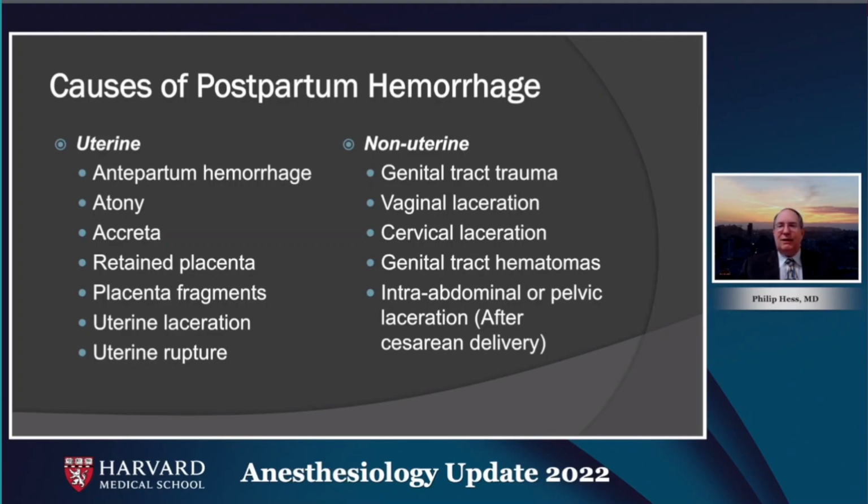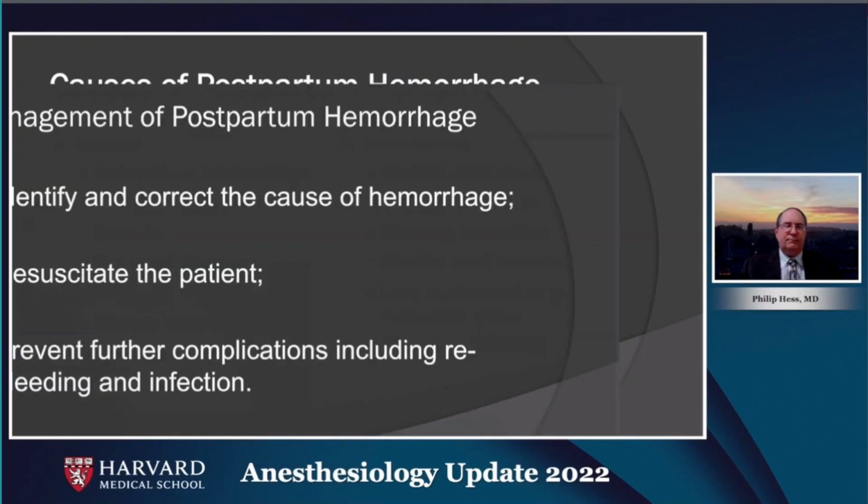We don't see the laceration in the back of the abdomen. We don't see the intrapelvic or intra-abdominal or retroperitoneal bleeding until it's much more progressed. And so we often find non-uterine bleeding with much greater blood loss prior to discovery than uterine bleeding, which is more often associated with uterine atony.